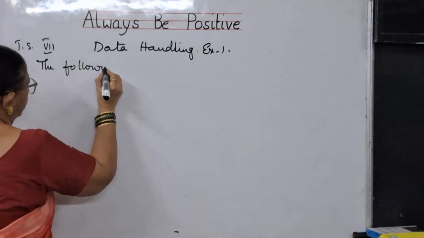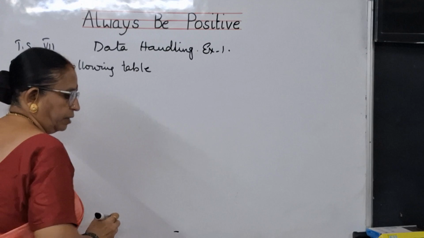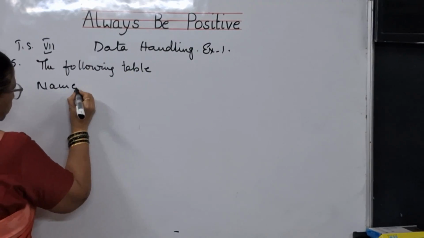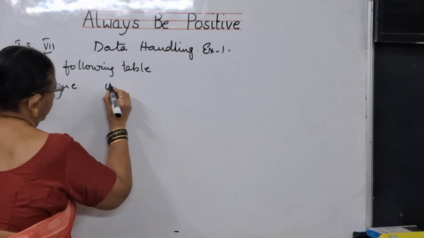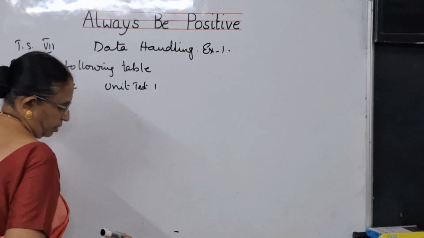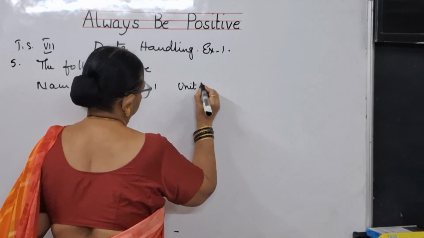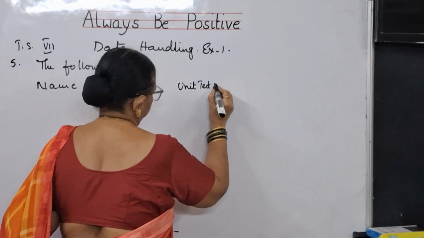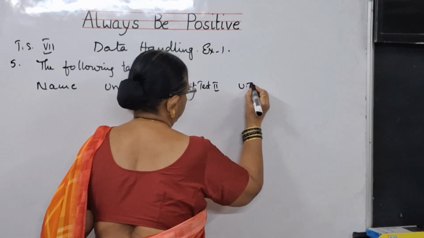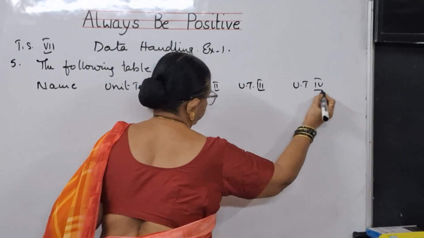The following table, there is a table given to you. So let me write the table. Name of the student, unit test 1, unit test 2, unit test 3 and unit test 4.